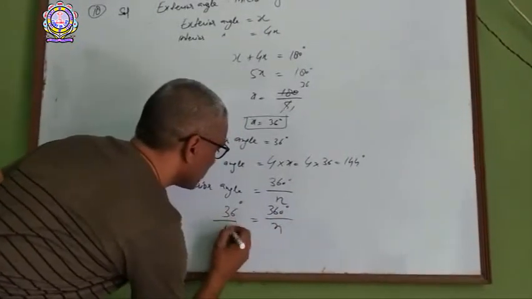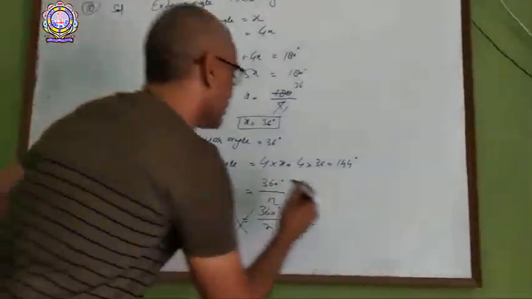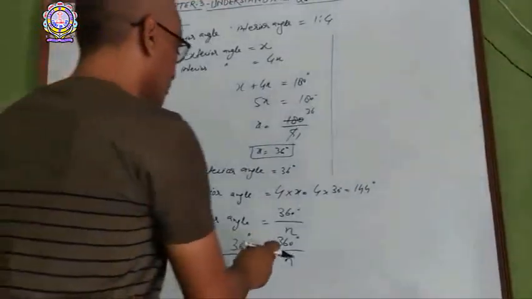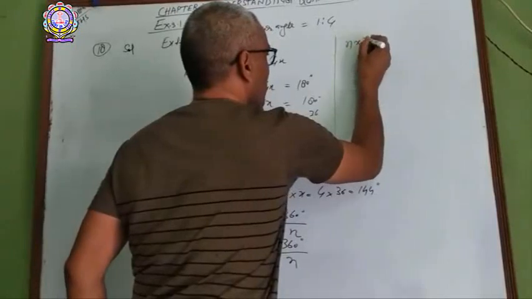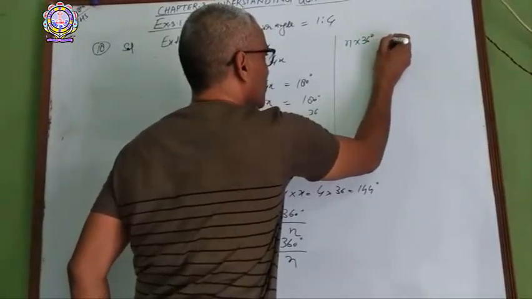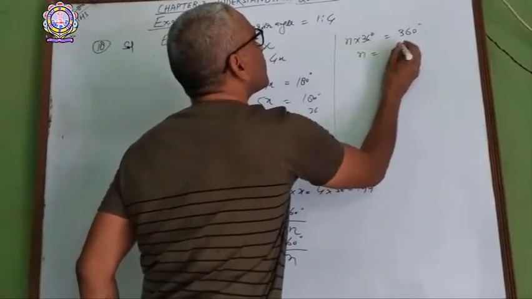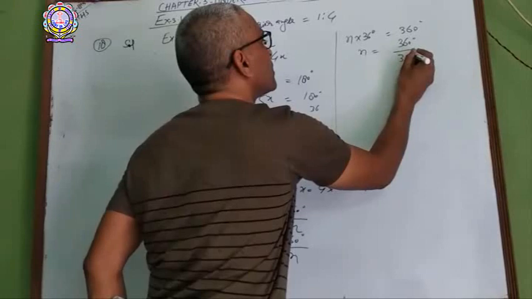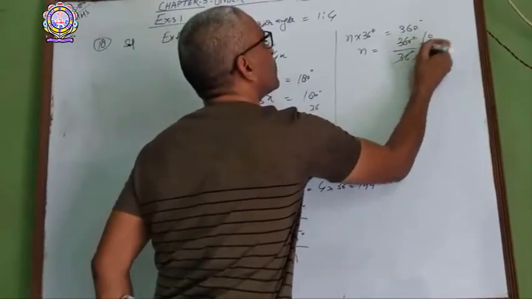Here you can cross multiply. When we cross multiply, n into 36 degrees will be equal to 360 degrees. n is equal to 360 degrees upon 36 degrees. 36 ones are 36, 36 zeros are 0.